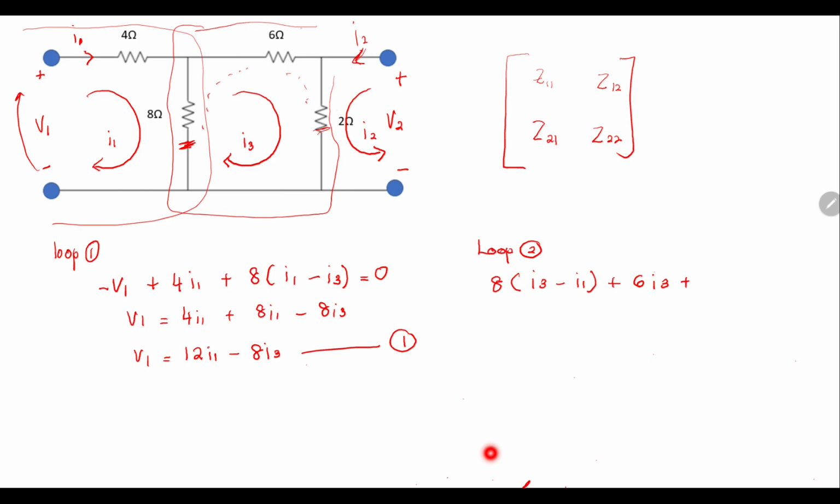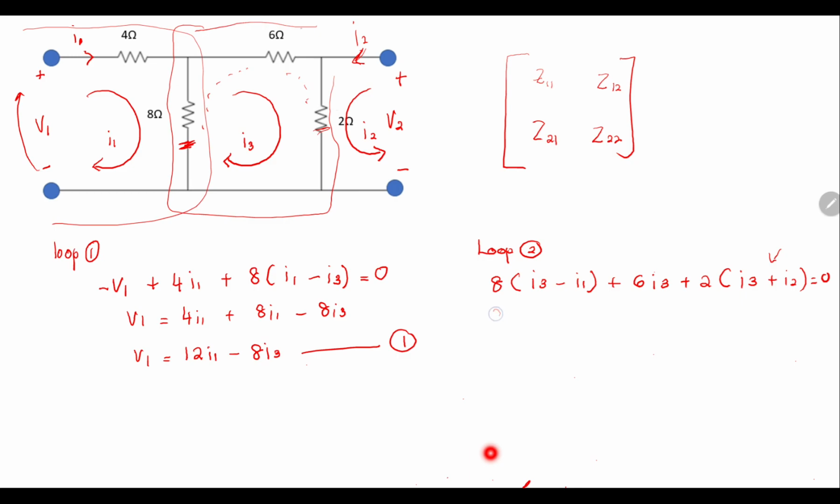This 2 ohm resistance is shared between I2 and I3, so you got 2 times I3 plus I2. Why plus? You see the direction of the currents I3 and I2, they are inside the 2 ohm resistor, so you have to add them, equals 0.